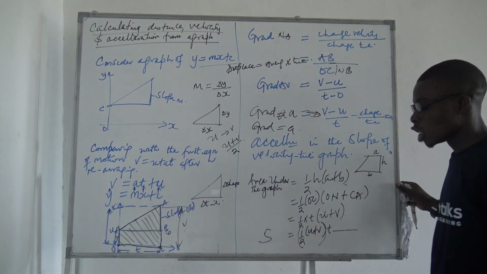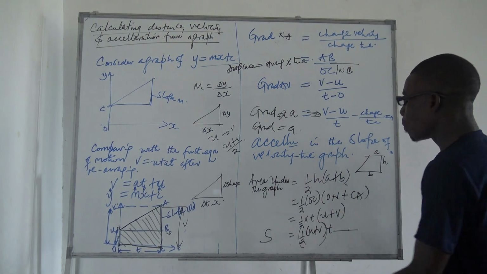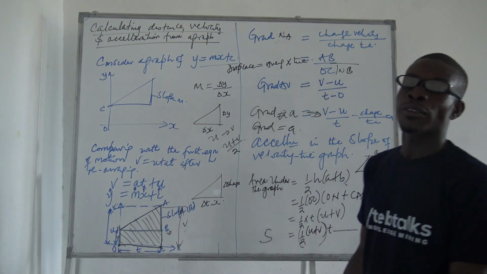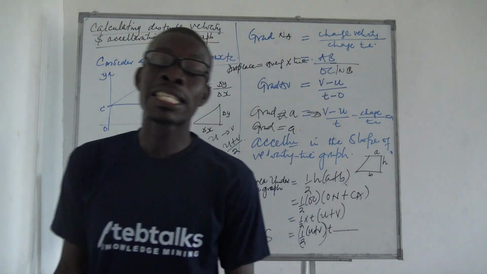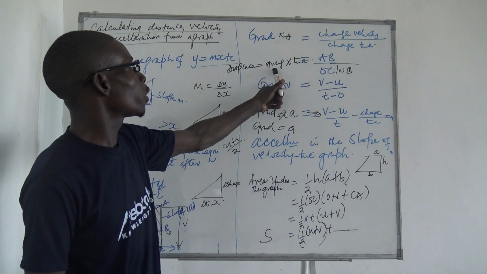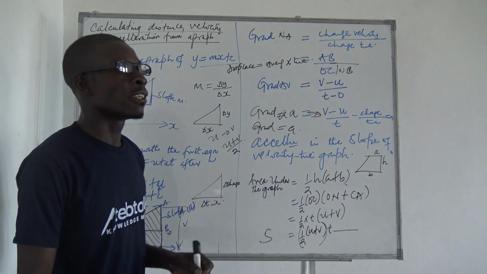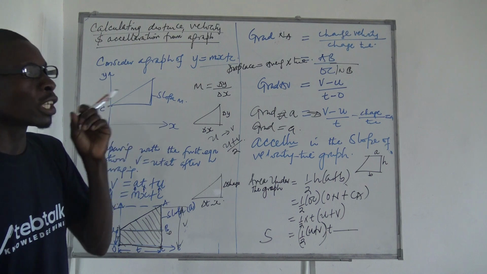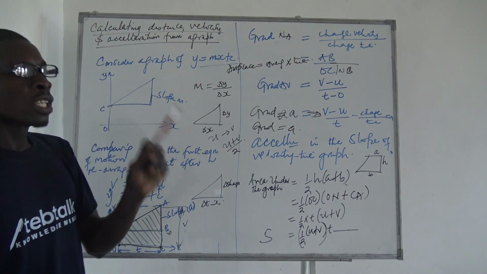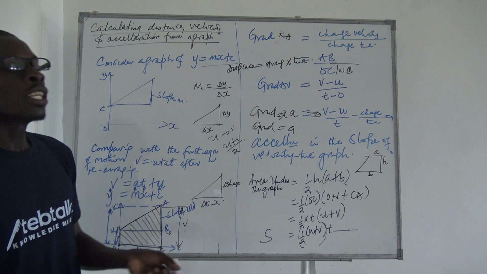That is already displacement. Remember, we are looking at the area under the graph, but the formula which came out of that expression is the one of displacement, given by average velocity times time. For a body having initial velocity U and increased to V, the average is the mean, U plus V divided by 2.